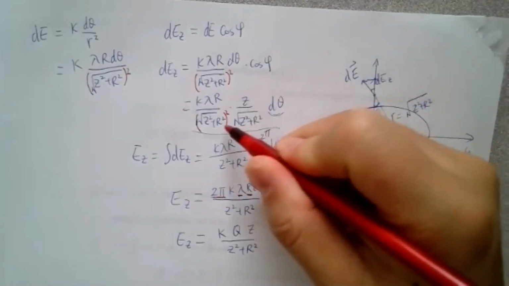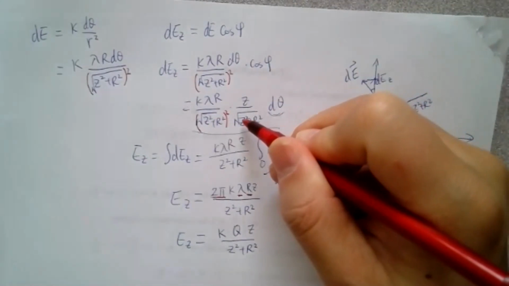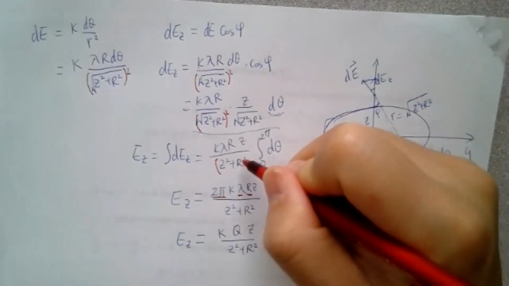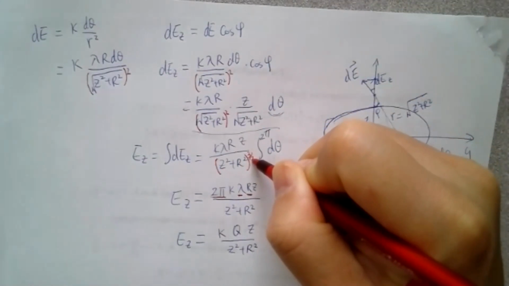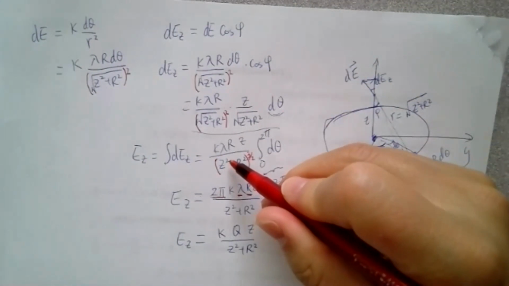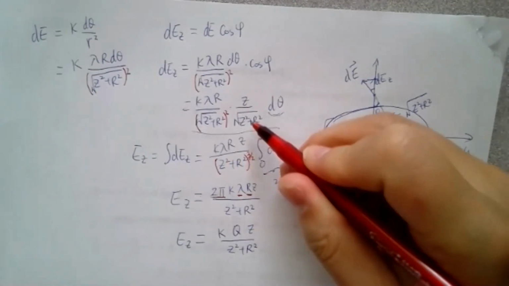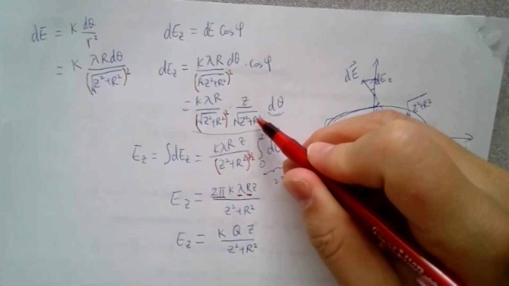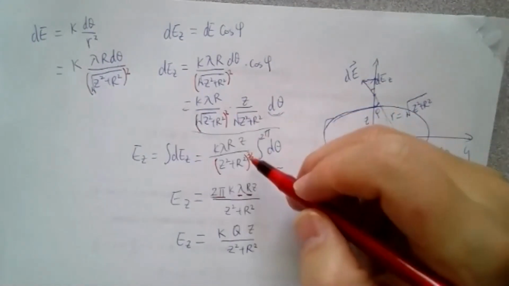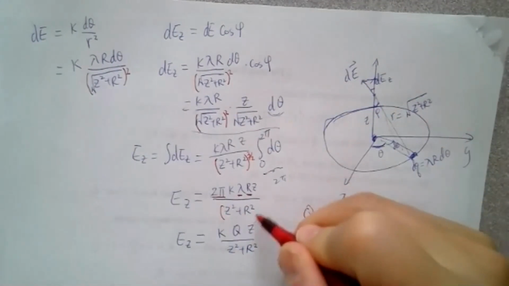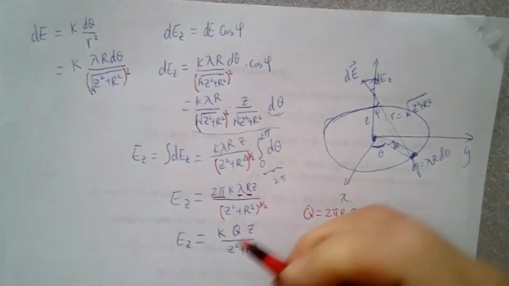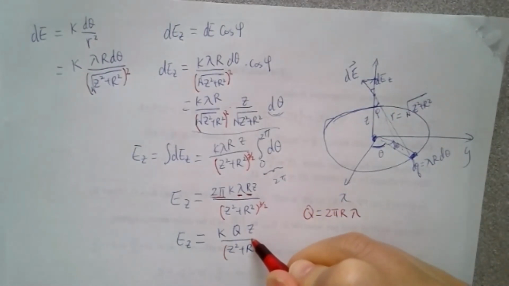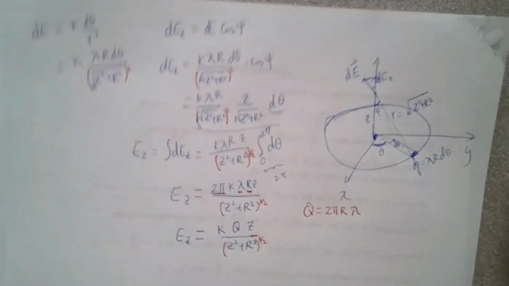So this square times this square root becomes 3 halves: Z squared plus R squared to the 3/2, because this is Z squared plus R squared to the 1/2, and this is 1, so 3/2. So my mistake there, I apologize for that. But this will be 3/2 at the bottom here.